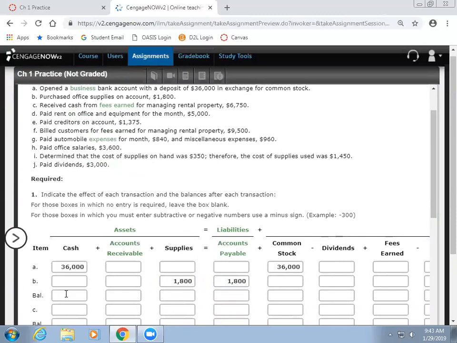So then on that third line where it says balance, I'm just going to carry down, I would add or subtract if necessary, but cash is just $36,000. Accounts receivable has nothing. Supplies is $1,800. Accounts payable is $1,800. And common stock is $36,000.